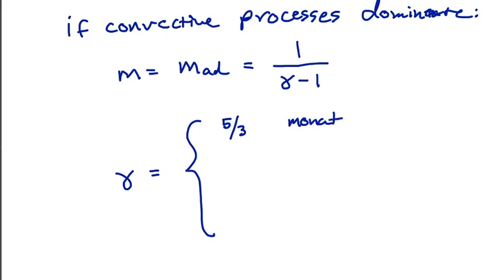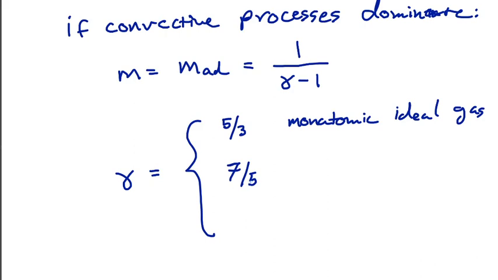If your gas is composed of diatomic molecules, like molecular hydrogen, molecular nitrogen, or molecular oxygen, then the value of gamma is 7/5.